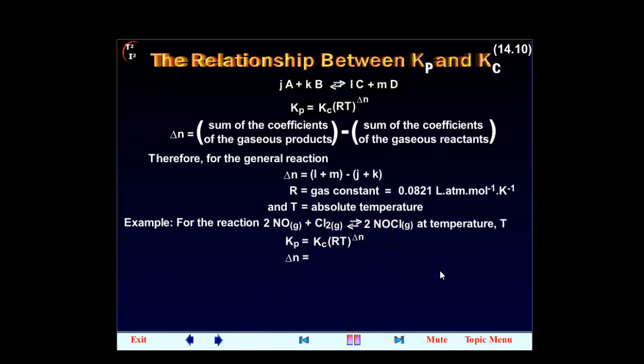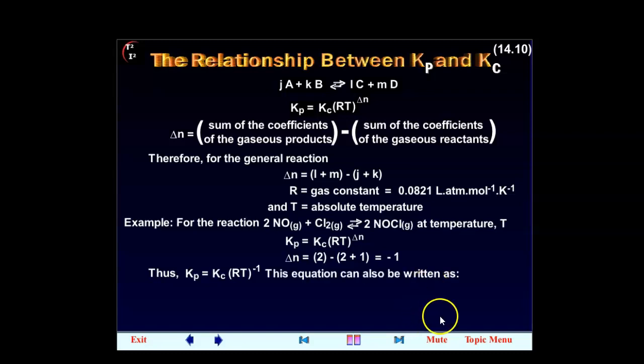Delta N is equal to minus 1. Thus, K sub P is equal to K sub C times the quantity RT to the power negative 1. This equation can also be written as K sub P is equal to K sub C divided by RT, or K sub C is equal to K sub P times RT.